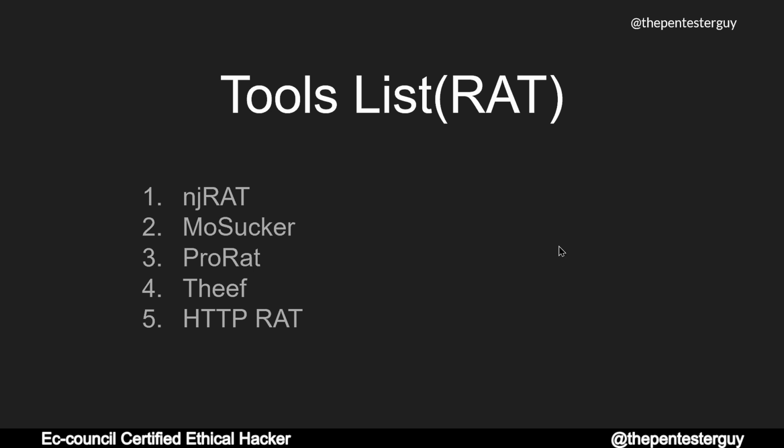So suppose the server that is being installed on the victim machine is generated by ProRat and you are using NJRat to connect to it. So will it be able to connect or not? The answer would be no. Though I haven't researched on it because of my system dependency issue, NJRat and HTTP RAT were not running on my system.